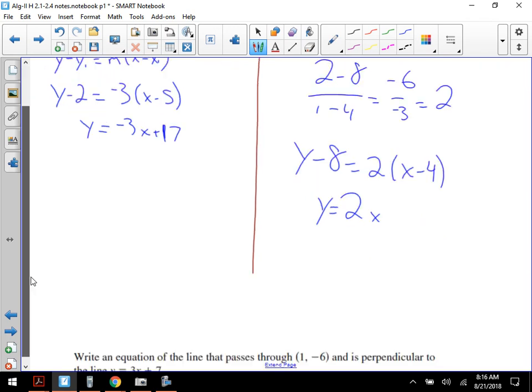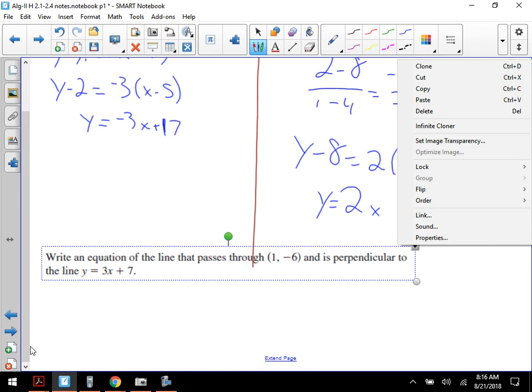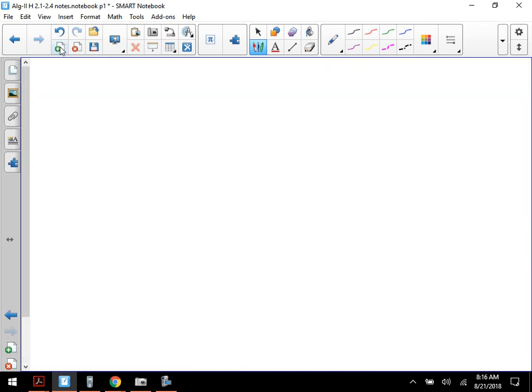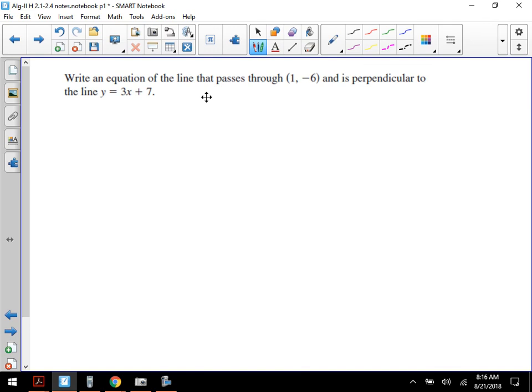Do you remember, and I'm hoping you kind of remember this, the process by which you would write out the equations of lines that are parallel or perpendicular? When we deal with writing equations of lines that are parallel or perpendicular, traditionally I like to do a little bit more work than you really need to.